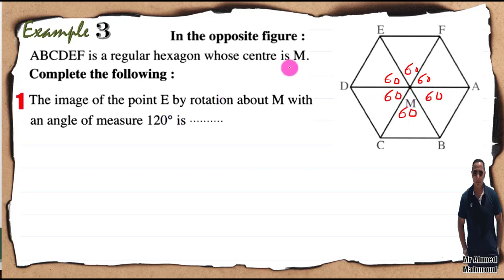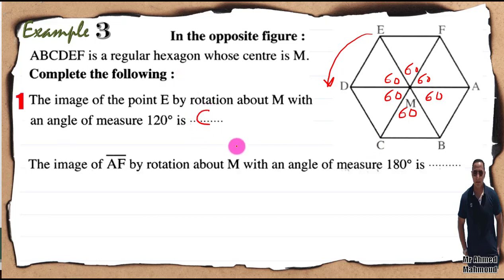Now the point E, if I need to rotate E with 120 degrees, 120 comes in this direction, which is called anti-clockwise. So it comes from here to go 180 to be at the point C. Another one.